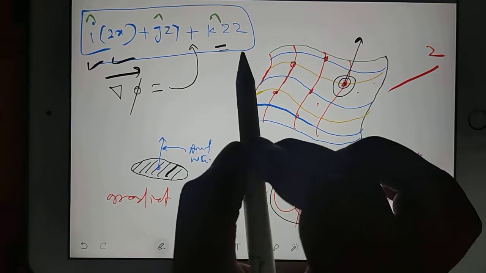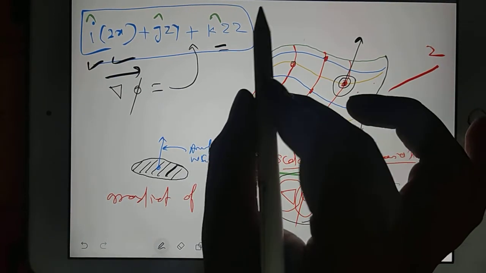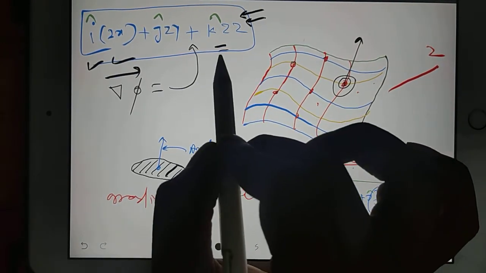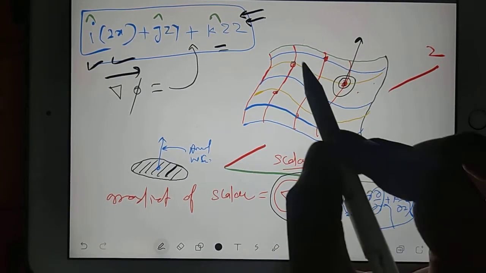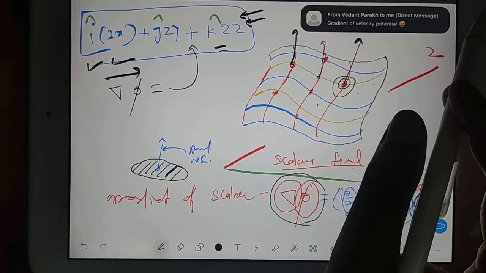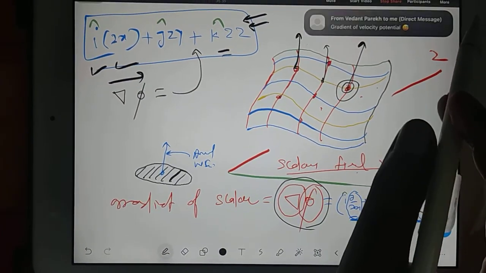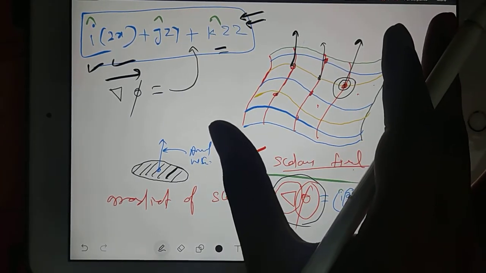Now this is a vector quantity, so it will have a direction. That direction is perpendicular over the surface. Yes, gradient of velocity potential is a good example. It shows a normal direction over the given phi.